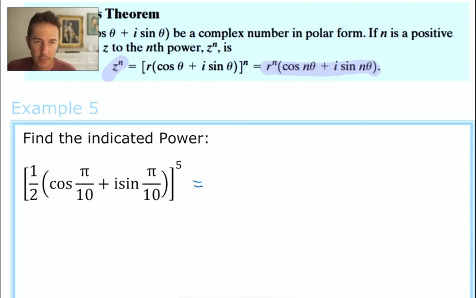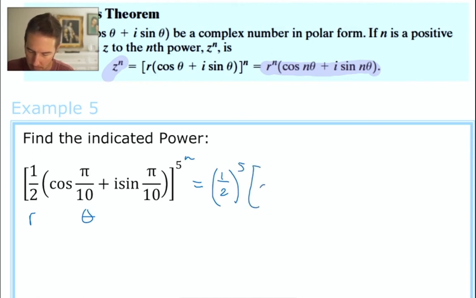So here the r value is equal to 1/2. The theta value is pi over 10. And here the n value is 5. So we'll take the 1/2 and raise it to the 5th power.